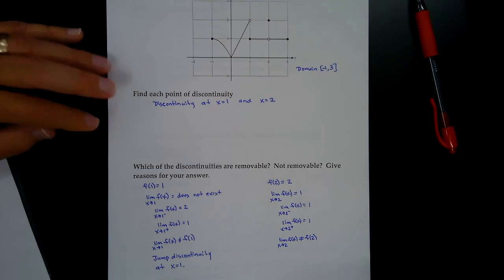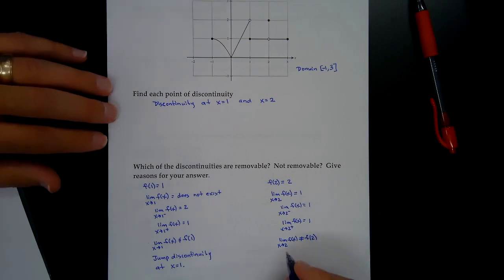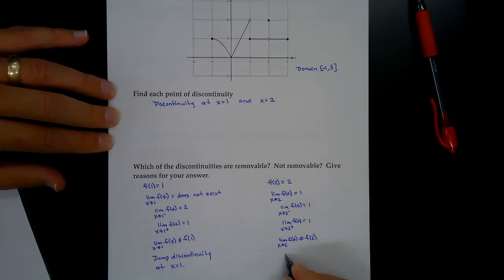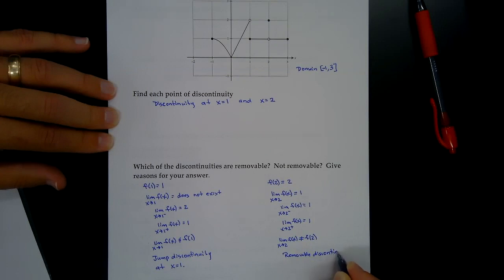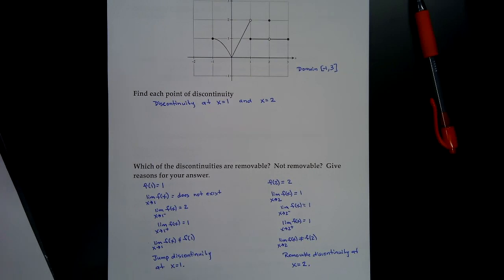If they were, then we would say it's continuous. We wouldn't be saying there's a discontinuity there. And so this one, because the limit exists, we would say is a removable discontinuity at x equals 2. And that's what we would say.